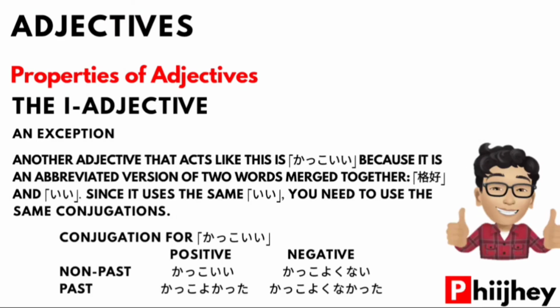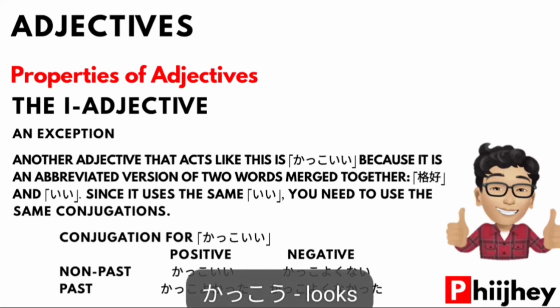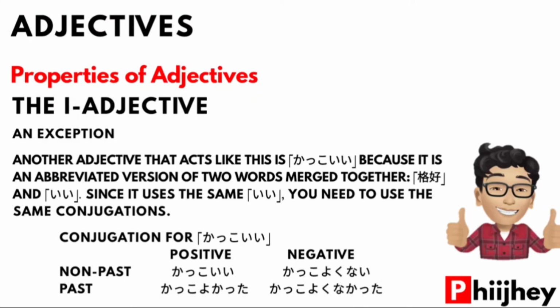And another adjective that acts like this is kakkoii, because it is an abbreviated version of two words merged together. Kakko, that means look, and ii, that means good. Kakko, looks, and ii is good.